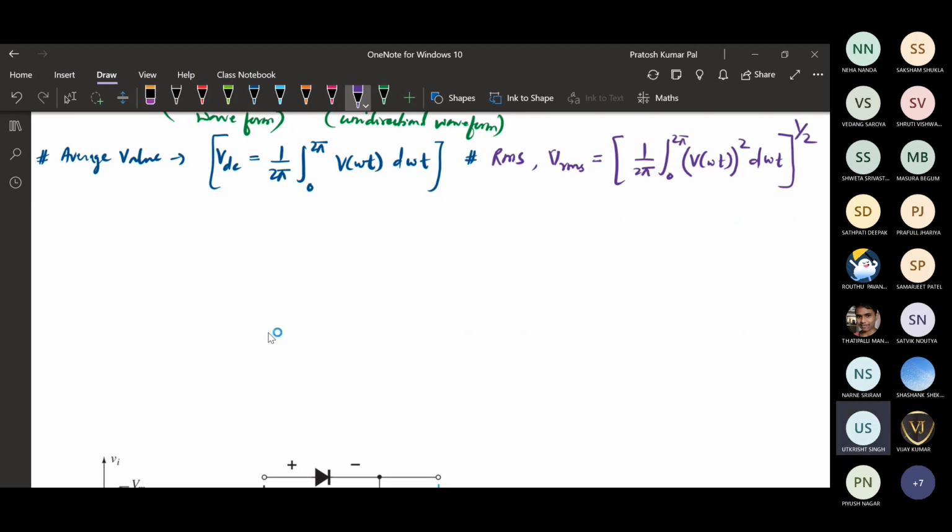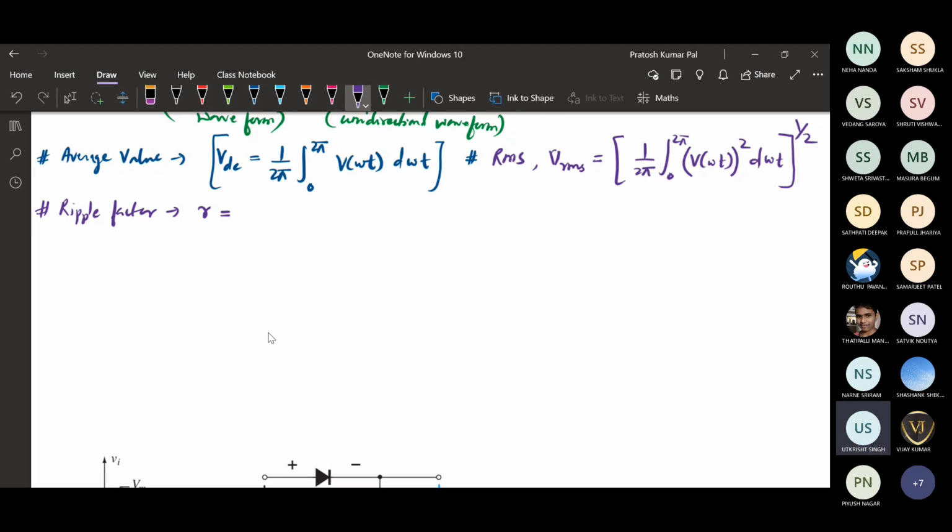One more parameter is there. Once we know the DC value and once we know the RMS value, we will be finding out the ripple factor. The ripple factor is represented by r. It basically indicates what is the AC content available in the converted waveform.